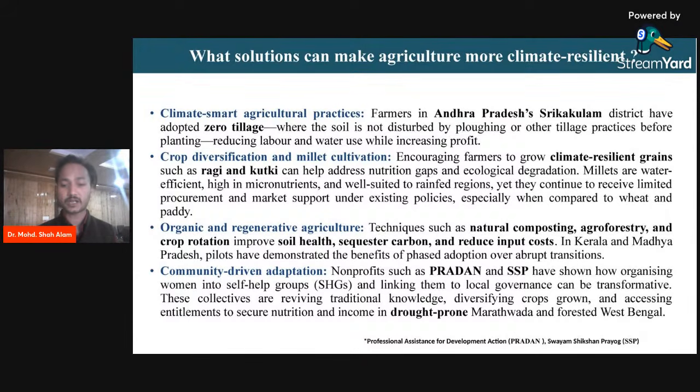Non-profits such as PRADAN, Professional Assistance for Development Action, and SSP, Swayam Shikshan Prayog, have shown how organizing women into self-help groups and linking them to local governance can be transformative. These collectives are reviving traditional knowledge, diversifying crop growth, and accessing entitlements to secure nutrition and income in drought-prone areas, Marathwada and forest areas of Bengal.